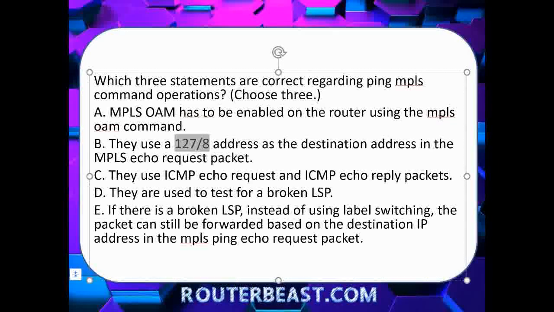So basically referring to what we know is the reserved loopback addressing space. That's what's being referred to here, the fact that it's a 127 reserved address, /8, addressed to the destination. And so B is a correct statement.